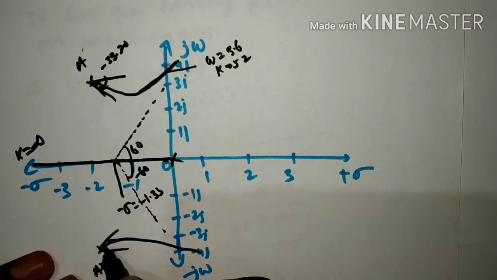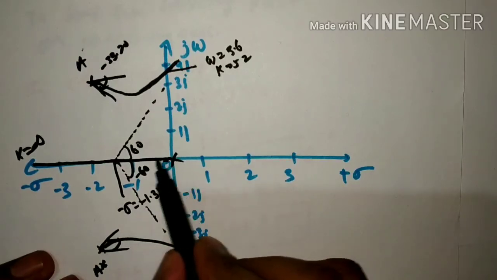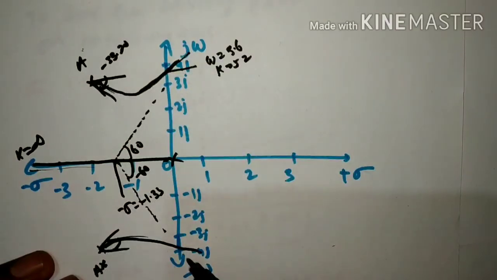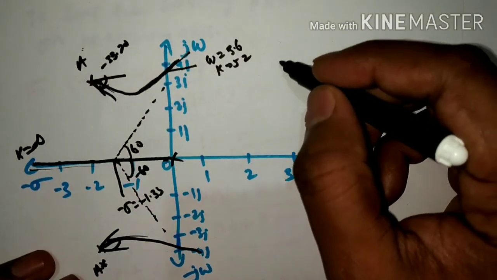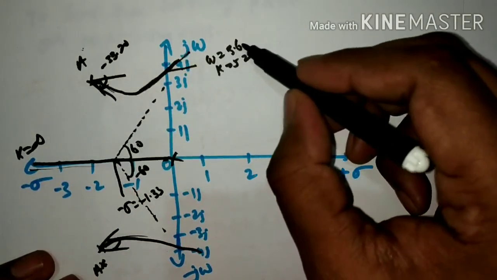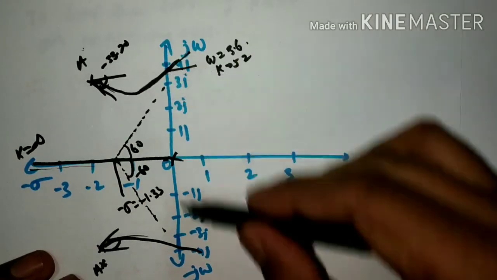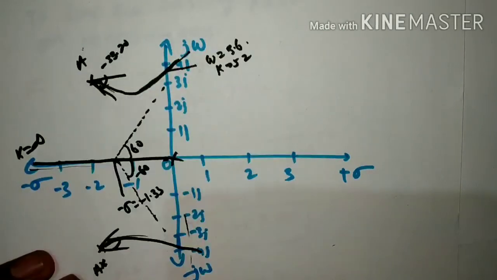How many root locus branches are there? There are 3 root locus branches. This is one branch, another branch is this one, and another is this one. So this system is marginally stable when omega is equal to 3.6 and k is equal to 52, because it's on the imaginary axis. Below that the system is stable.